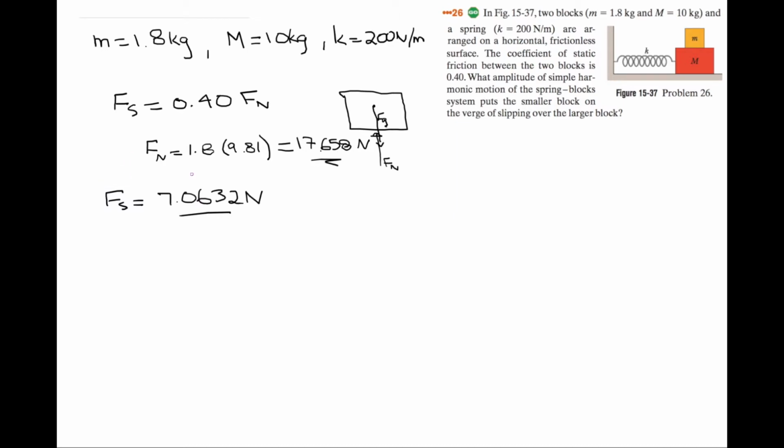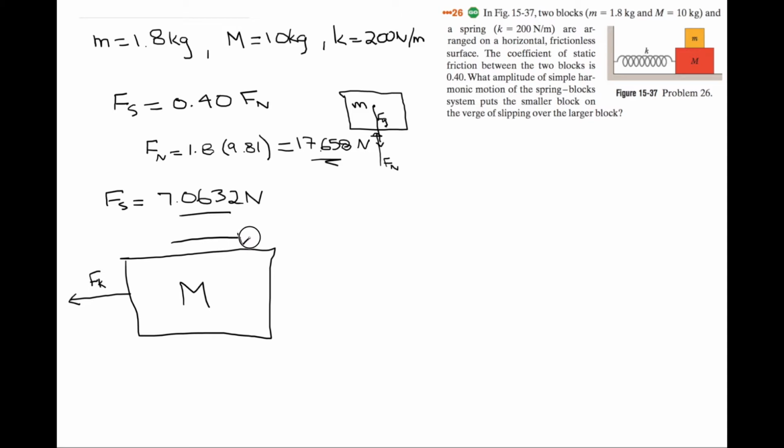Now if we analyze the bottom block, just the horizontal forces, this is the big block M, and I'll write small m over here. We have Fk, the force from the spring, and then the force of friction. It's acting leftwards on the top block, so it's acting to the right here. This is the force of static friction.